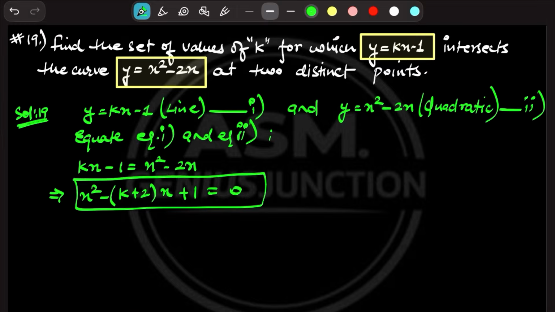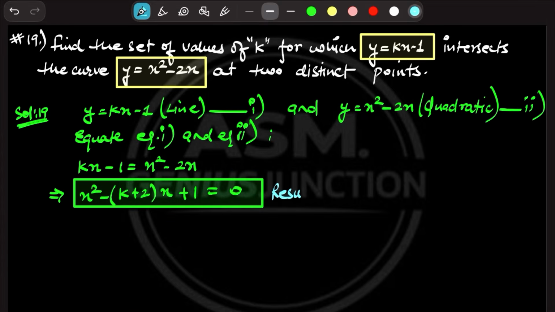This is called the resultant quadratic equation. This is your resultant quadratic equation after equating the equation of a line and curve, right? All the rules which we were discussing on the previous page will be applicable on this particular equation.